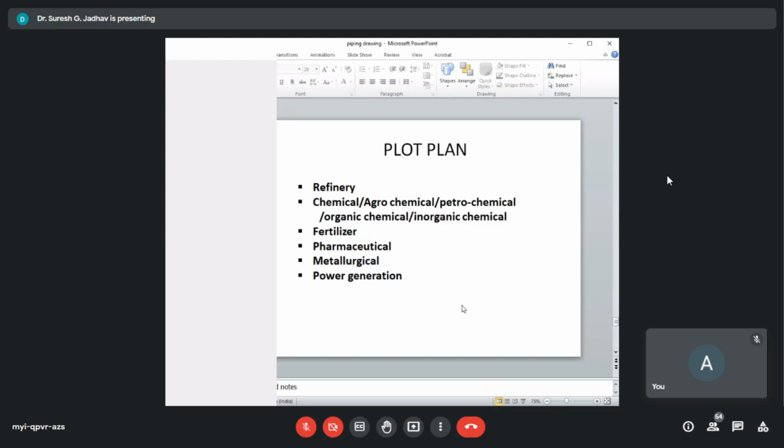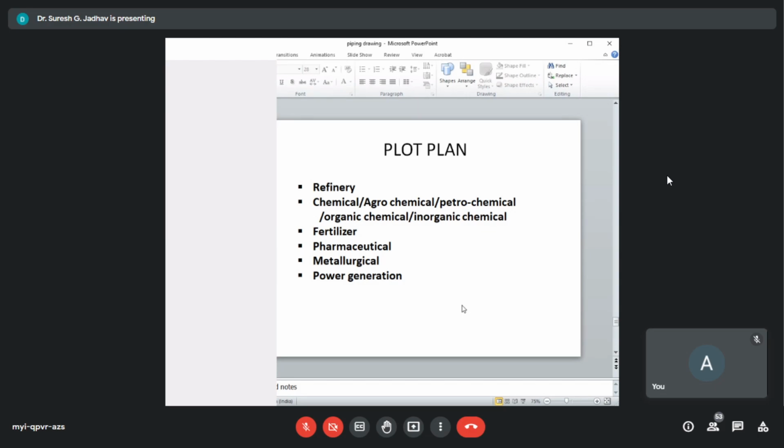Before the development of the plot plan starts, there is a lot of data related to all disciplines of engineering to be collected and analyzed and made use of. Data to be collected before starting can be from various engineering sections or departments.